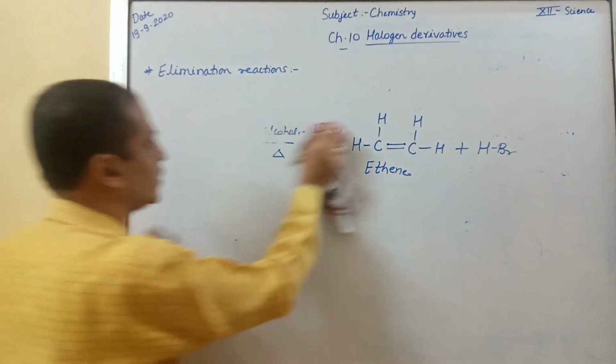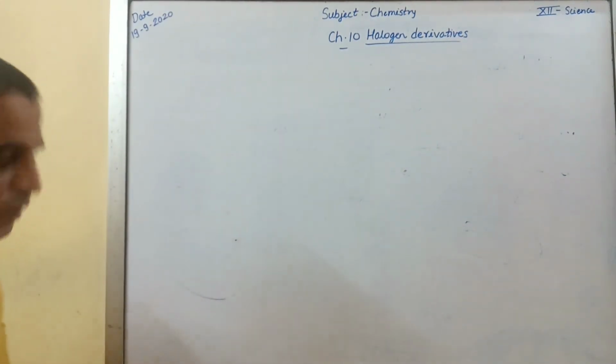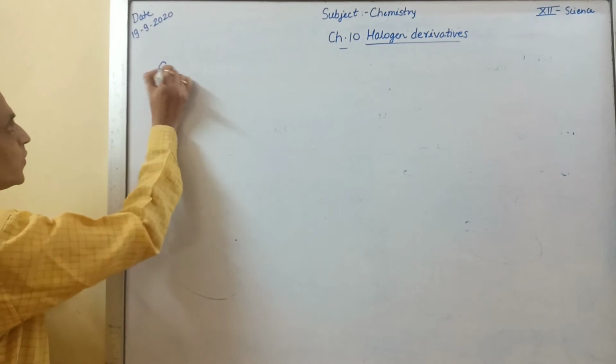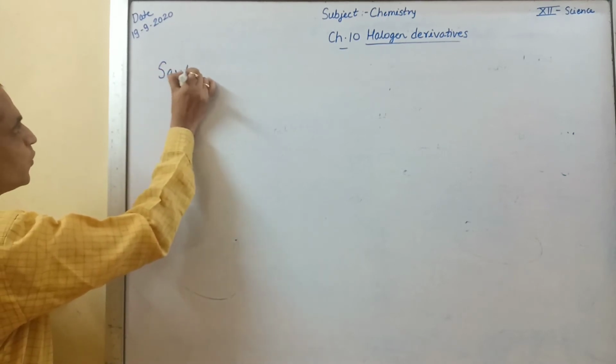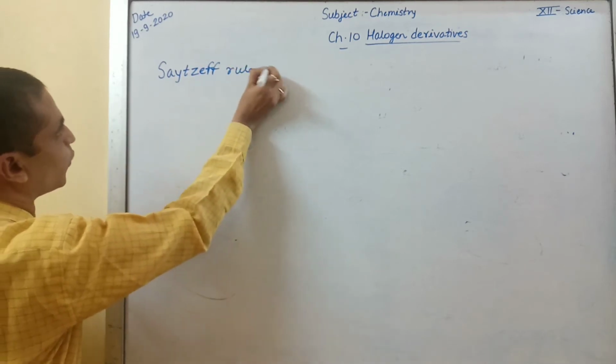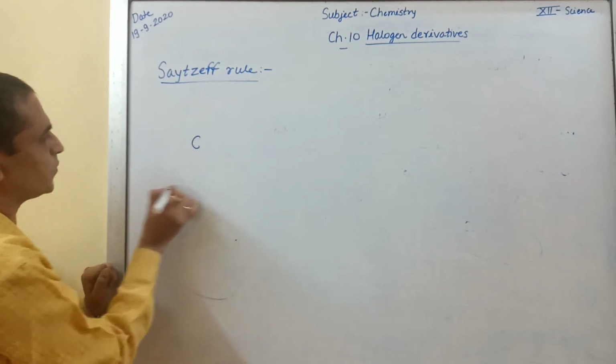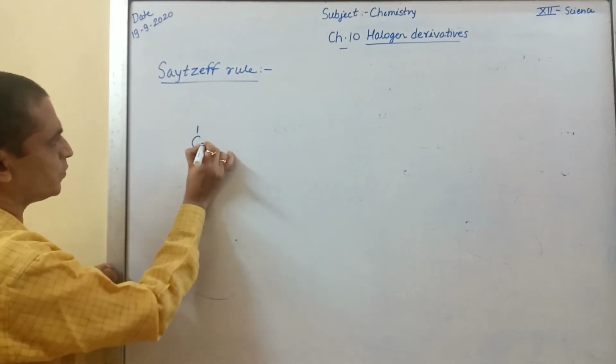We will consider a different example, and we are going to study a new concept, that is what? Saytzeff rule. Saytzeff rule. This also involves a dehydrohalogenation reaction. What happens here? I am taking a simple example.